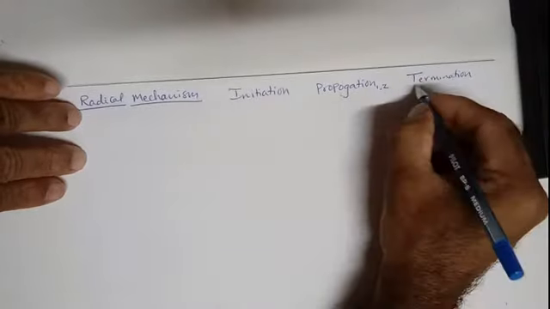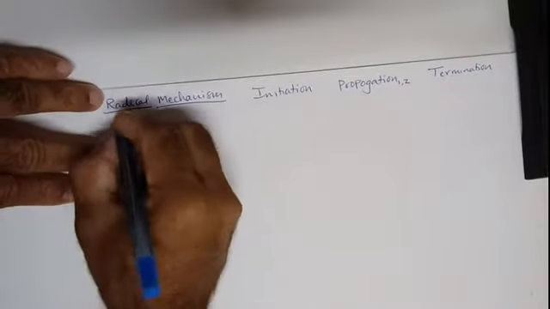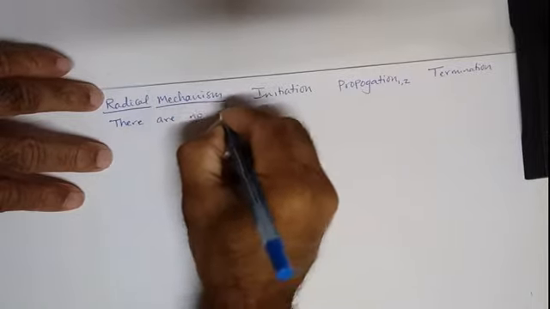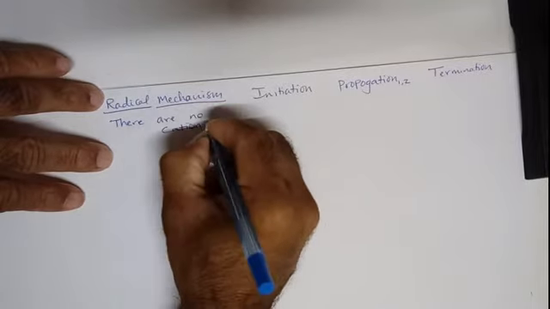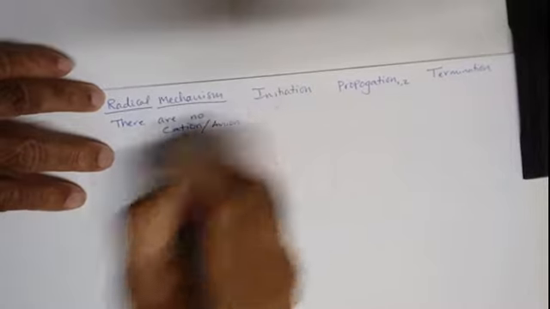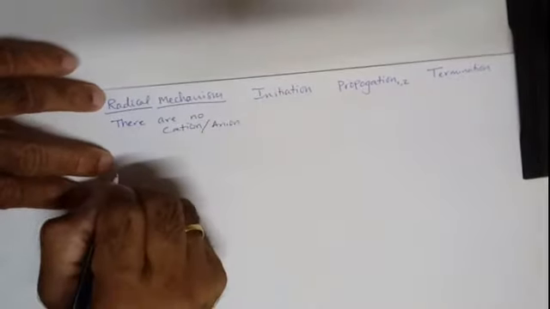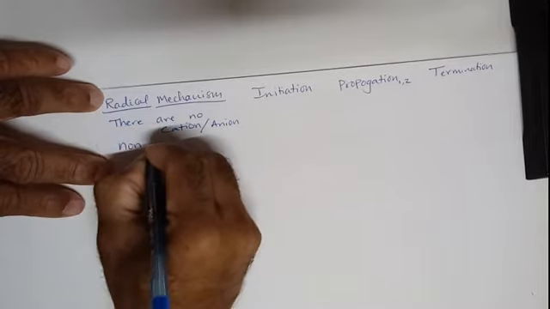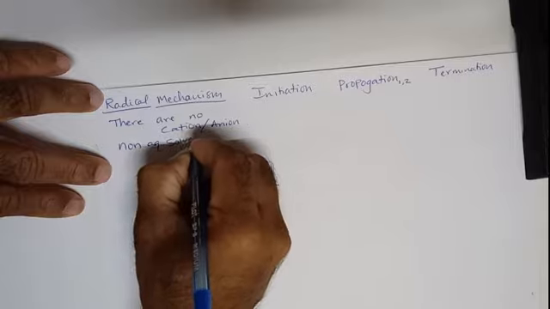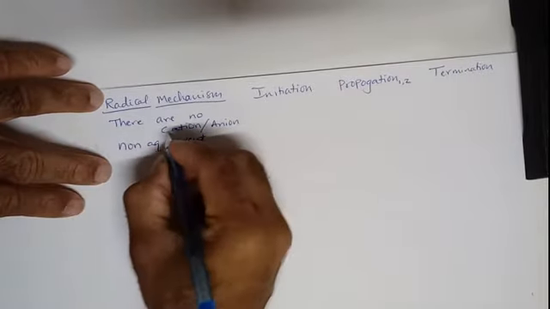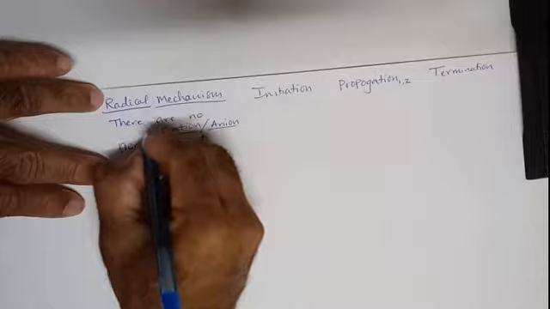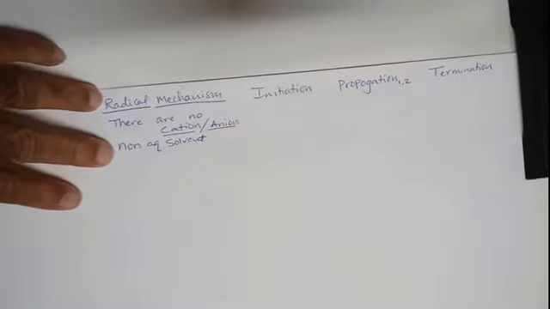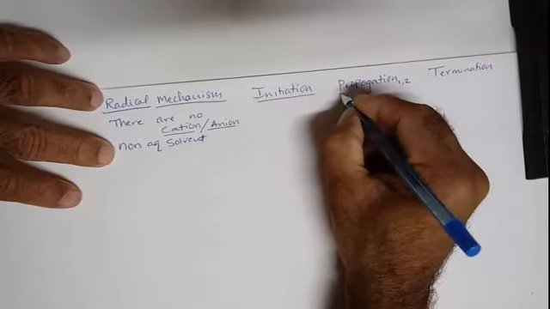So when we are doing radical reactions, there are no cations or anions. Typically the solvent used is non-water, so it's a non-aqueous solvent. Radical reactions will not have cations or anions, they only have radicals, and radicals are units that are not charged.